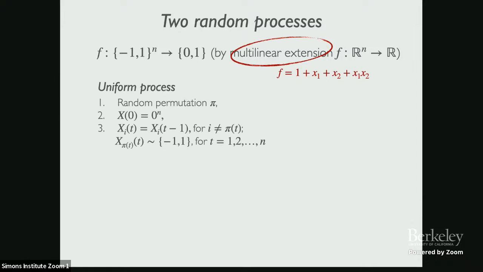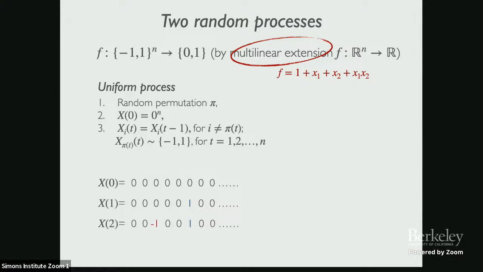And now the basic random process we are going to study is this uniform process. In particular, we're just going to expose the variables in a random order. And in the beginning, when we know nothing about these inputs, we just let them be 0. And each time we expose a variable, maybe the first time we expose this variable, and the second time maybe we expose another variable.